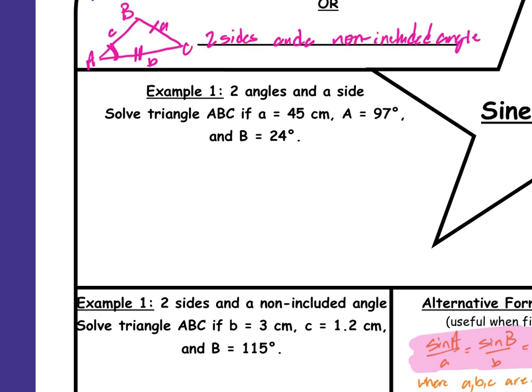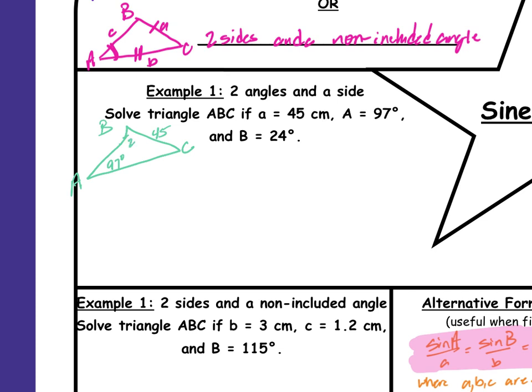So if I have my triangle, angle A, angle B, and angle C. Side A is 45. Angle A is 97. I know the picture is not perfect, it's not drawn to scale, but it's okay.